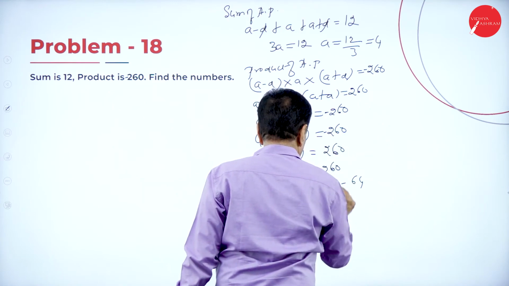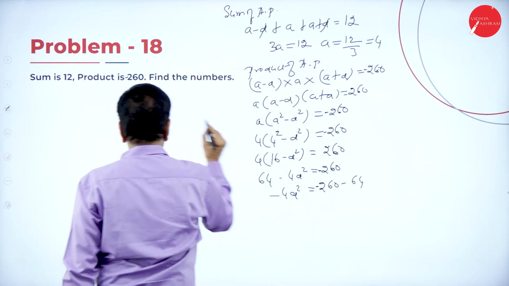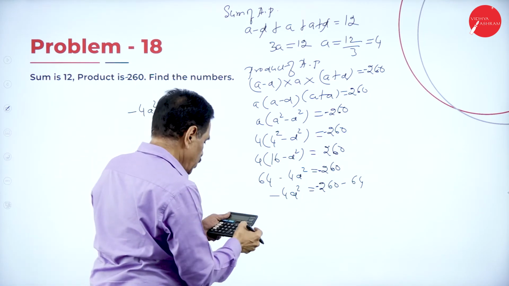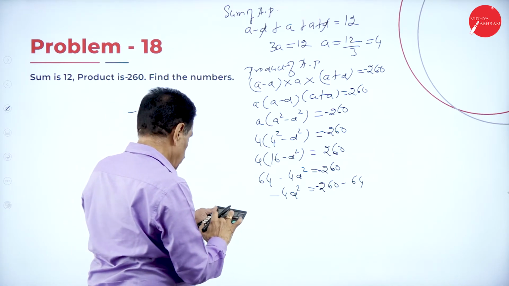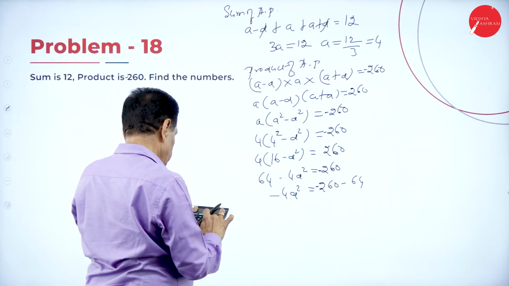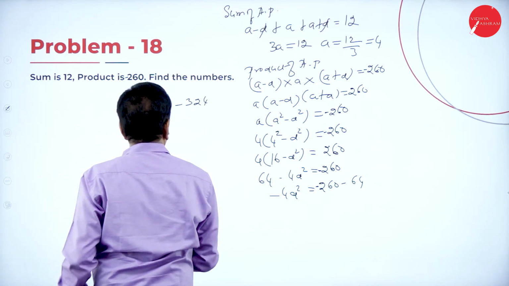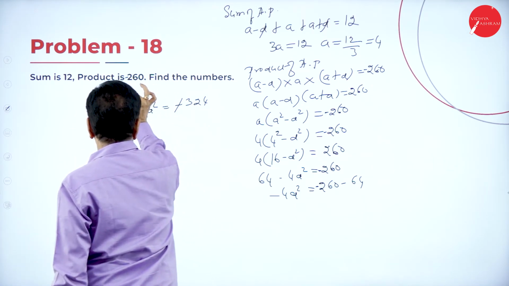This is minus 260. So minus 4D square minus 260, 6 plus 64 minus 324, cancel. This is minus 260.